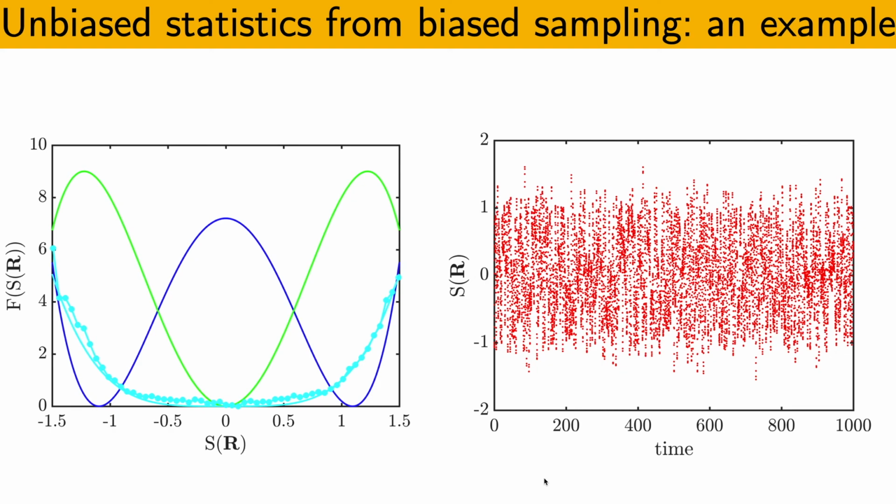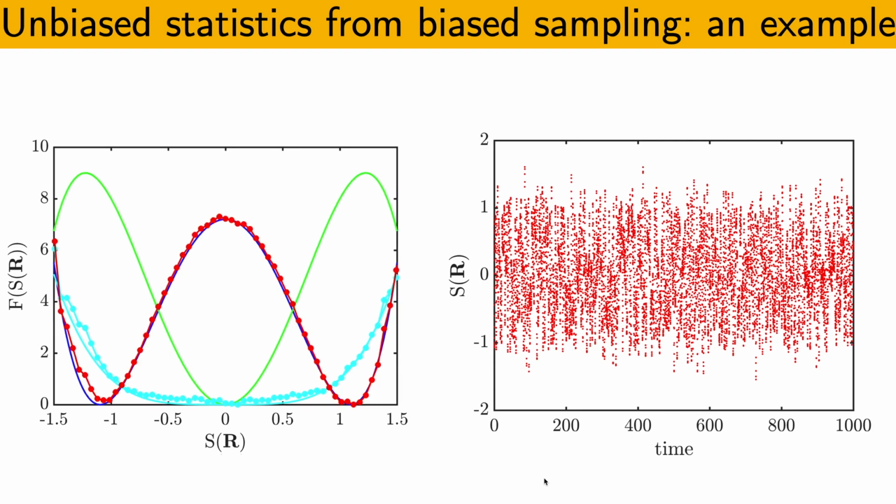However, when we apply the relationship that we have just introduced, considering the bias as a perturbation, we can actually back calculate the free energy surface, and as you can see, within the same simulation time, we can converge an estimate of the free energy surface to a very good degree of accuracy. It was key in this case to introduce a single bias potential that was able to smoothen out the free energy surface.